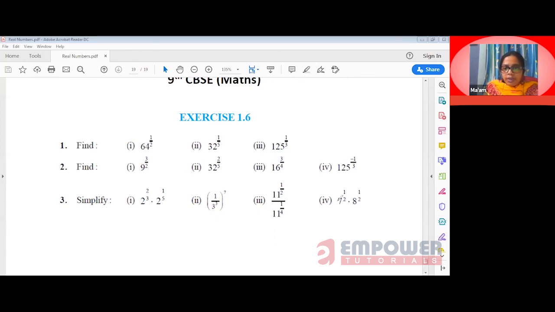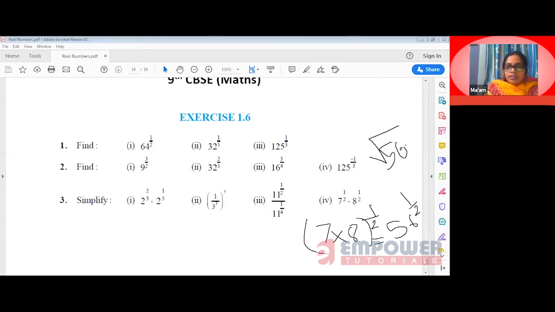So here you have different bases but same root, so you will multiply these two numbers which are present in the base, and you will write the exponent in the combined form. So this will be equal to 56 raised to 1 upon 2, or square root of 56. So this will be the answer. This is the easiest one.